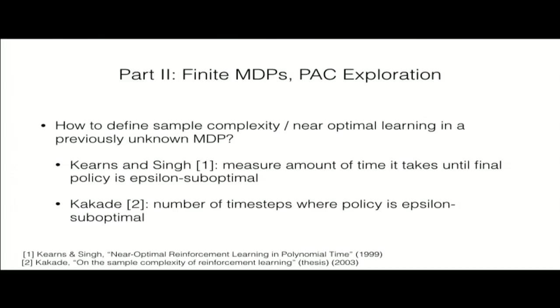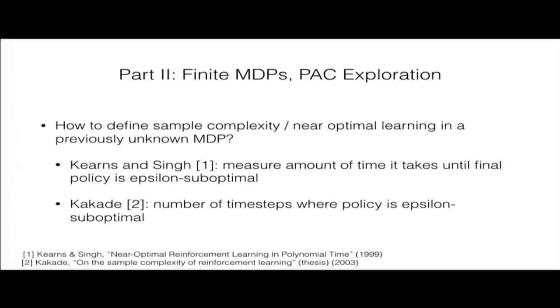So is the extent to which the MDP is unknown basically that you interact with it in an episodic way? Okay, that's a good question. The question is, what does it mean that the MDP is unknown, and how do you interact with it? There are different problem settings with different kinds of interaction with the MDP. Sham Kakade talks about that pretty nicely in his thesis.